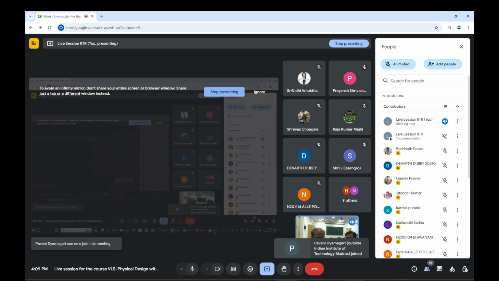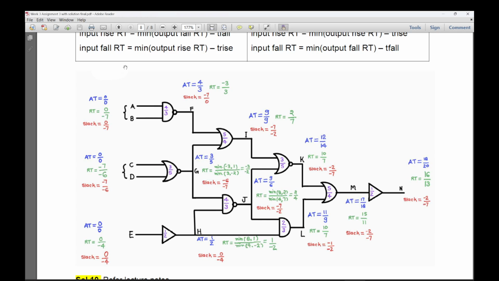Basically, if you look into that question, we are calculating from the primary input to the primary output.